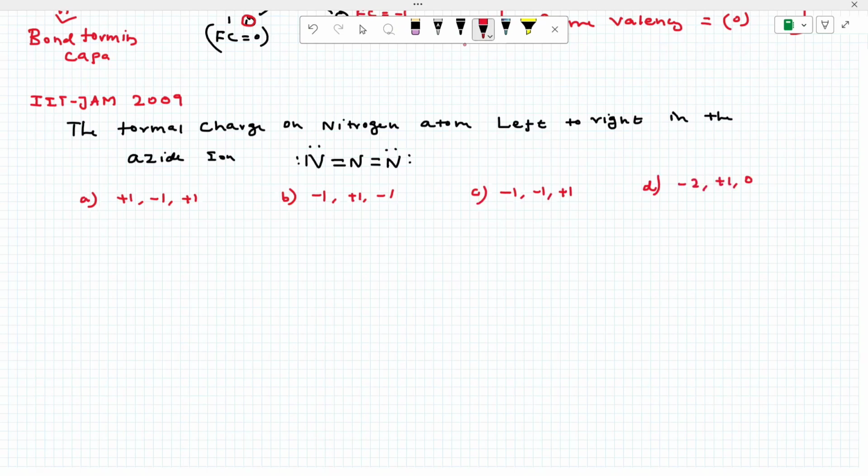What is the answer? I will give you a clue: the valency of nitrogen is 3. Tell me the answer.